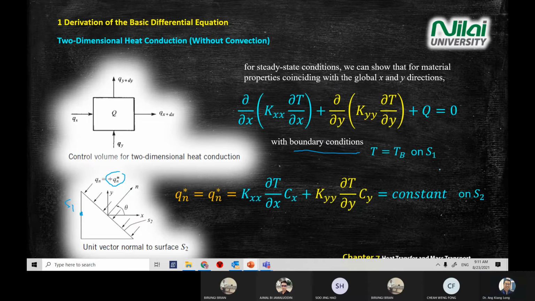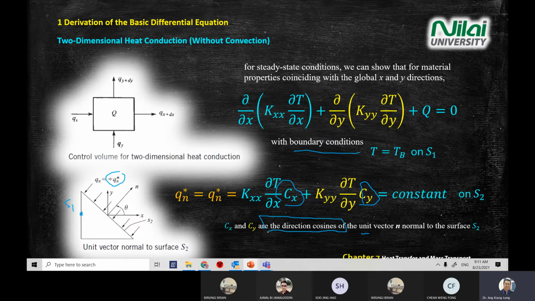So for Cx and Cy, you need to split according to trigonometry direction, but you will see this one when it comes to the tutorial, right?